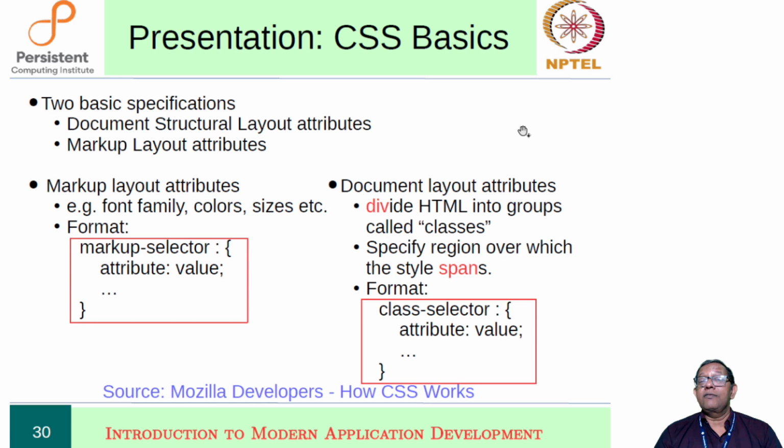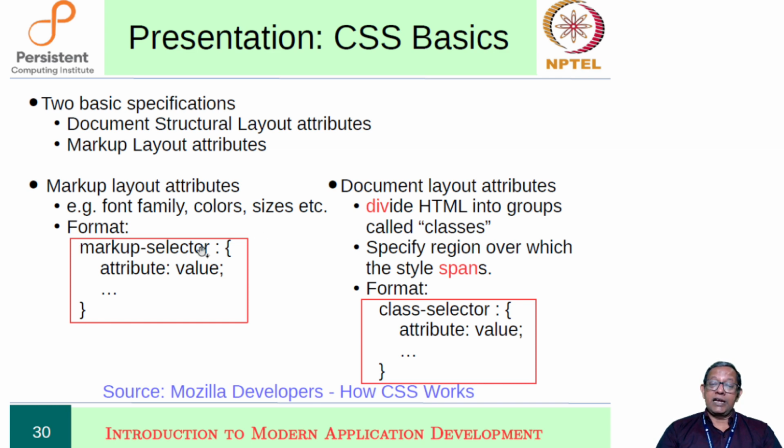We have already seen various markups. HTML and /HTML is one markup. Body and /body is another markup. Ordered list and /ordered list is another pair of markups. The general format of defining the presentation, or specifying how a particular markup is to appear, is as follows.